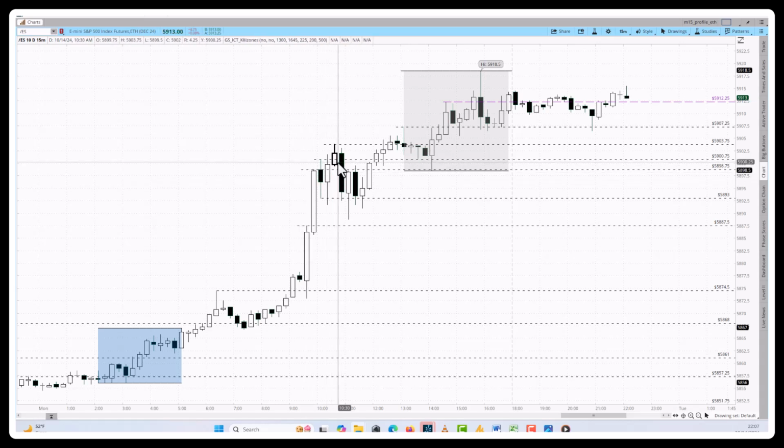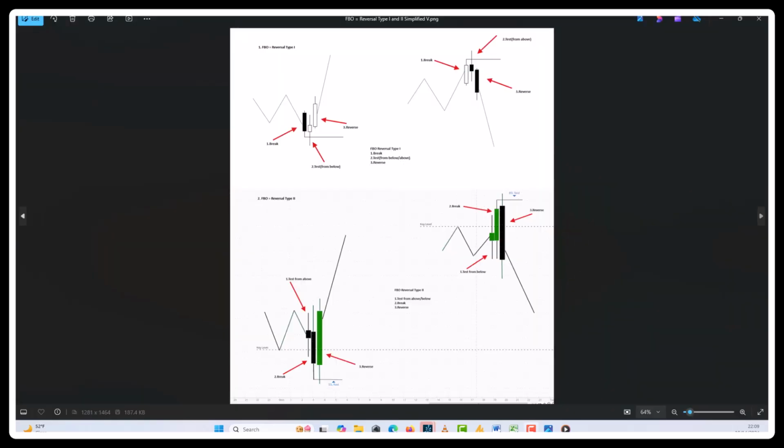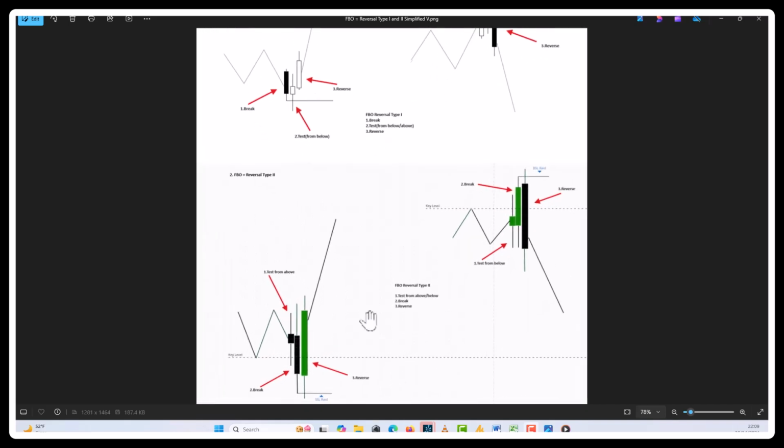This is a breakout type 2 right there. Test and break and reverse. That is a type 2 reversal right there. Here's our setup, we always try to refer back to here.